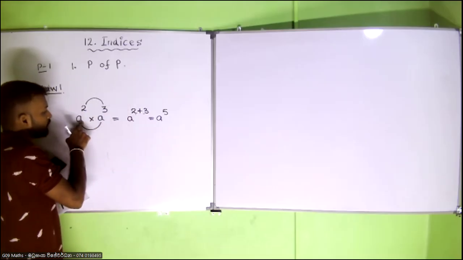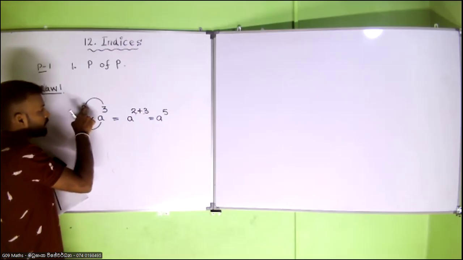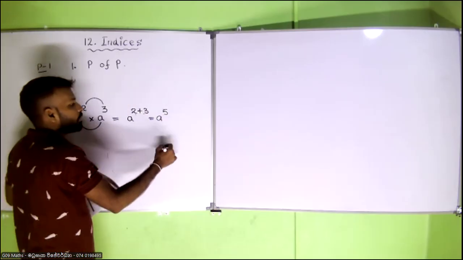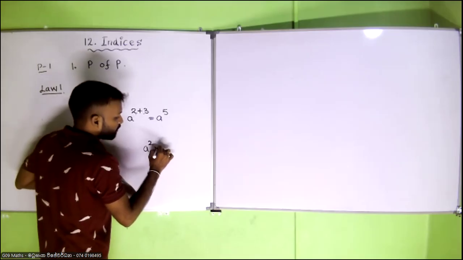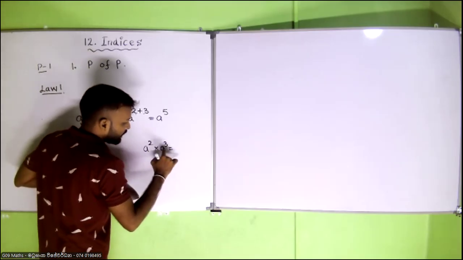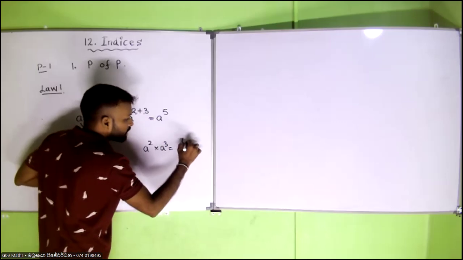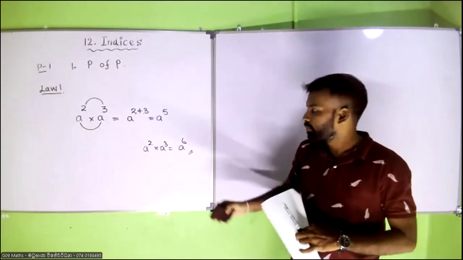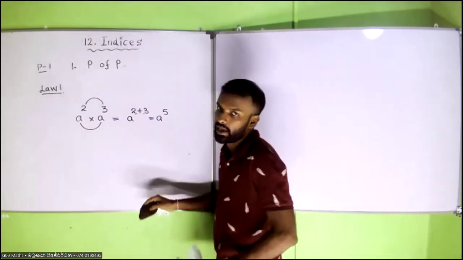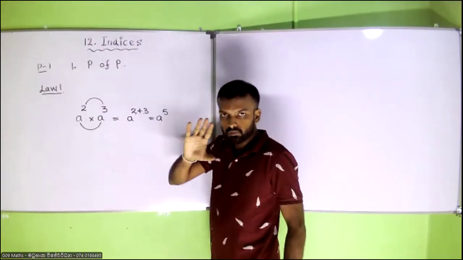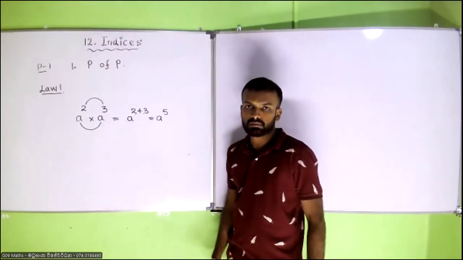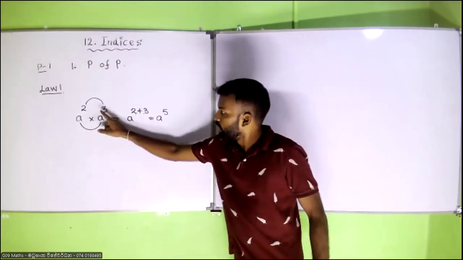Here you have multiplication, but you cannot multiply the indices. 2 times 3, 6? A to the power 2, a to the power 3, the answer is a to the power 6, 2 multiplied by 3?